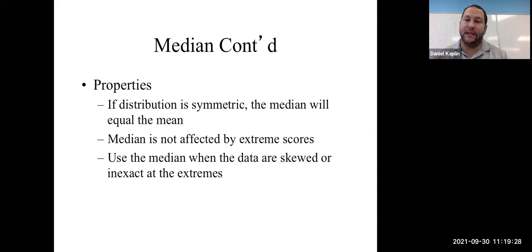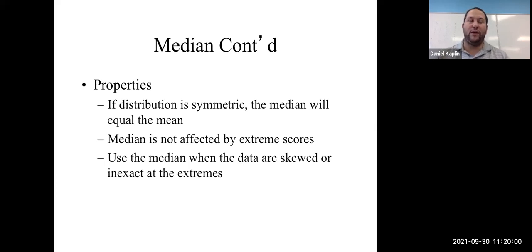Now, to give you something to think about, if I were to ask you for an individual person's income, what do you think the average income is? Well, you might be shocked to hear that the average income is about $70,000. But if I were to ask the average person on the street what they make, many people, more than 50% of people, actually don't make $70,000. So if I were to ask for the median, it would be more representative because it's not offset by real extreme scores.